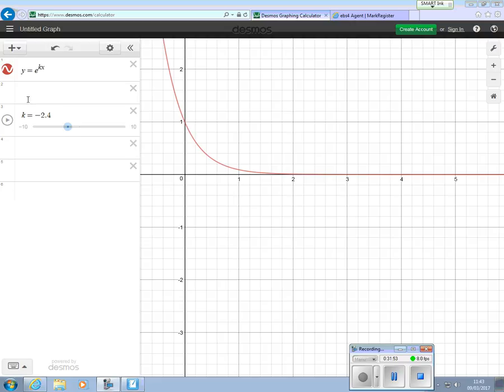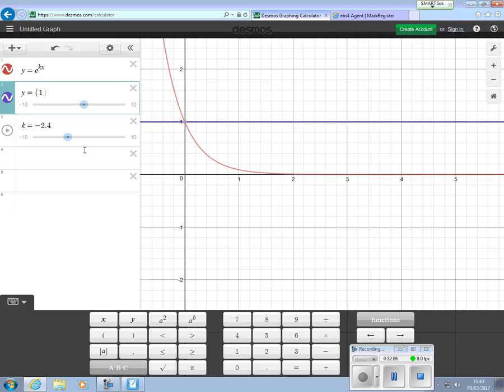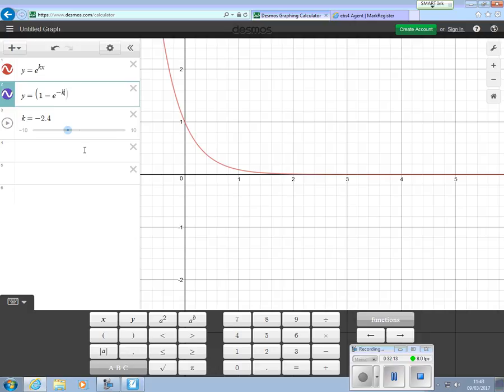The other one, y is equal to 1 minus e raised to the minus kx.